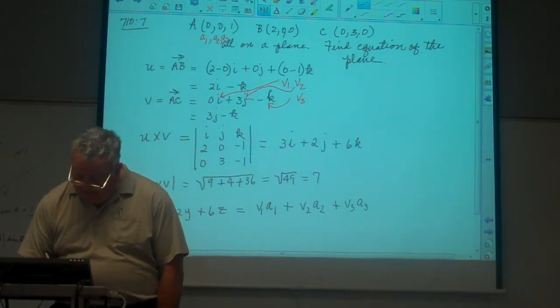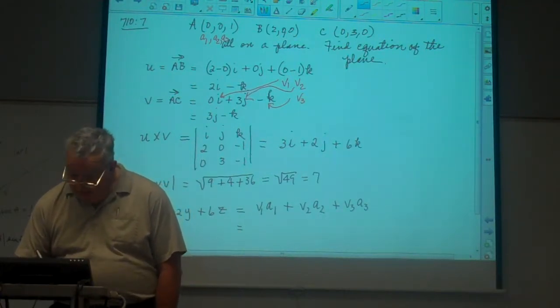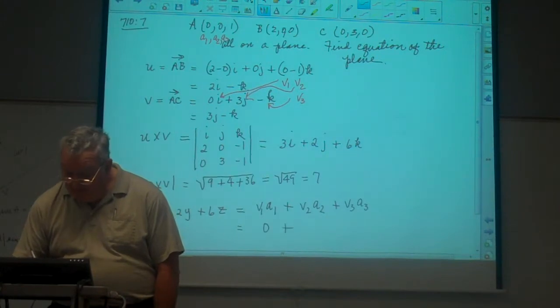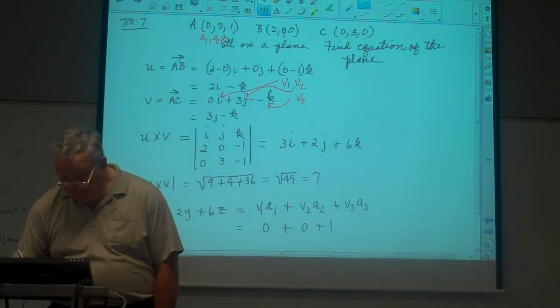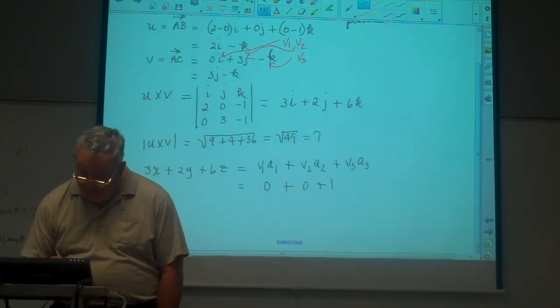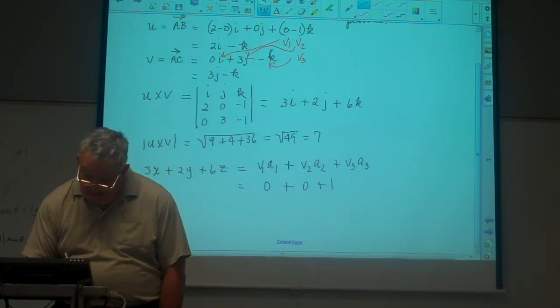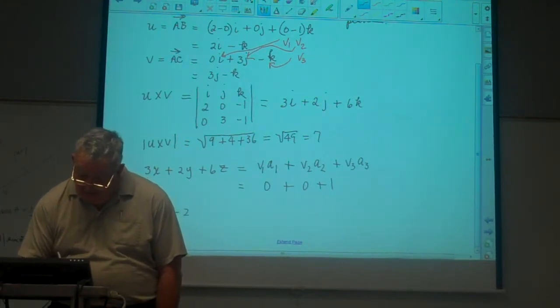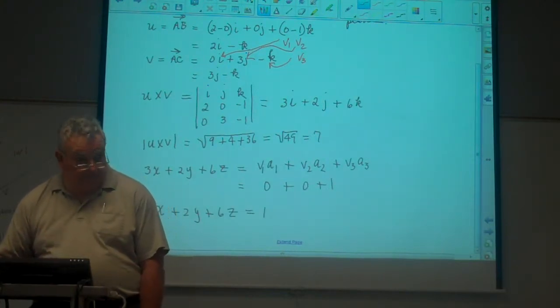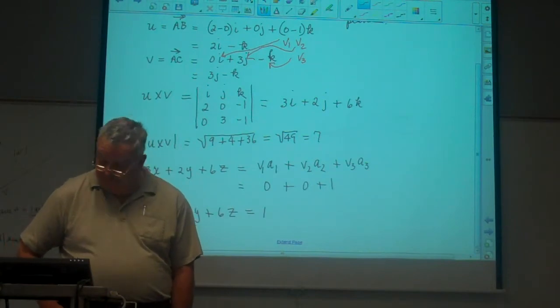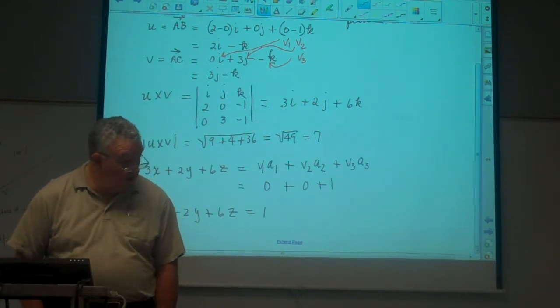So, is that equal to 0 plus 0 plus minus 1 times 1? So isn't the plane 3x plus 2y plus 6z equal to negative 1?